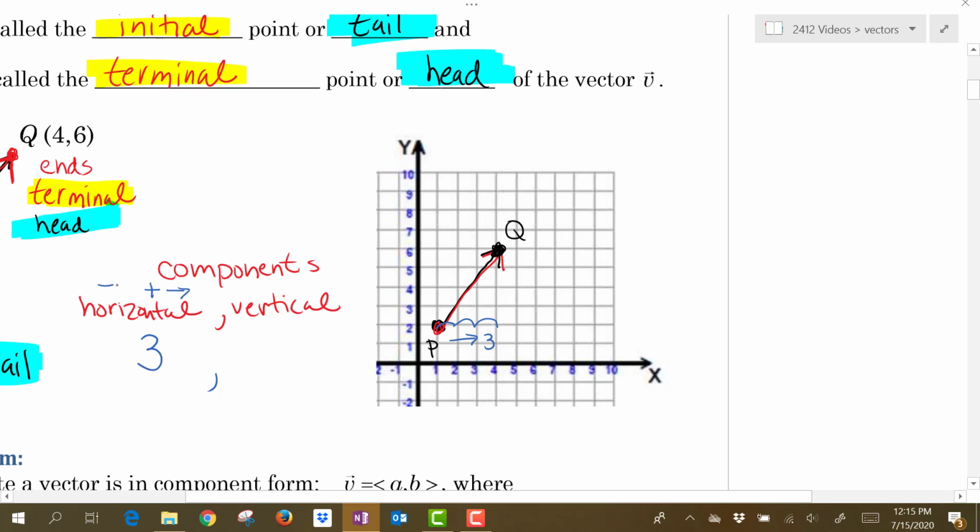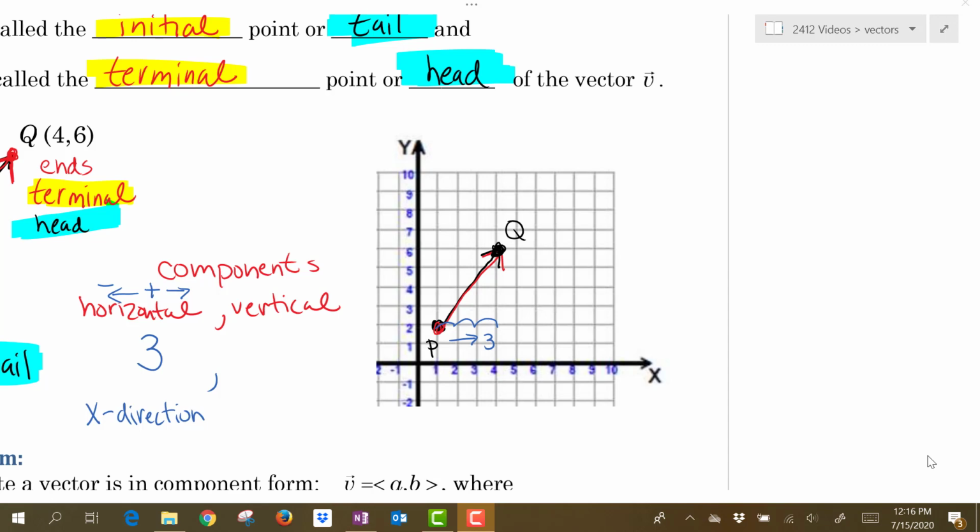If we were to move to the left, then that horizontal movement would be considered a negative number. Since we're moving to the right 3 units, we put a positive 3 for that horizontal component. The horizontal component tells us how much we're moving and which direction we're moving in the x direction. This comes from the idea, of course, that the x-axis is horizontal. That tells us movement from left to right.